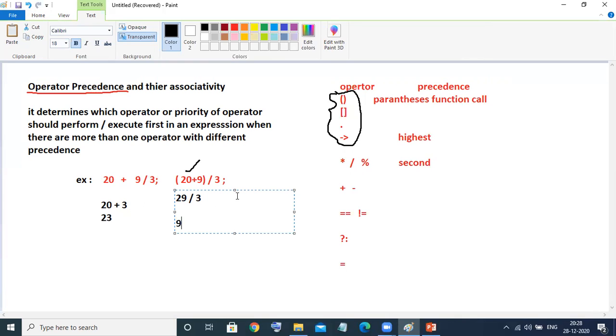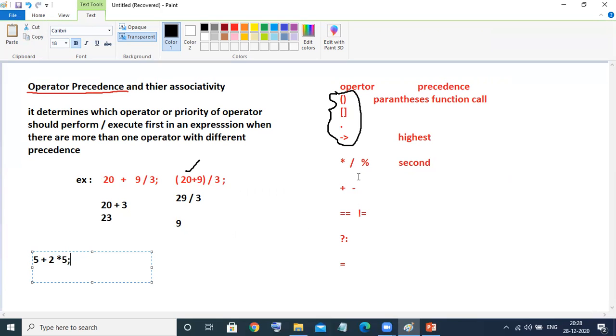I hope you understand. Depending on the operator precedence, the expressions are going to be evaluated. For example, I'll take one more example, like 5 plus 2 into 5. Now I think you can guess the answer. We have two operators here, and you need to check which operator has more precedence.